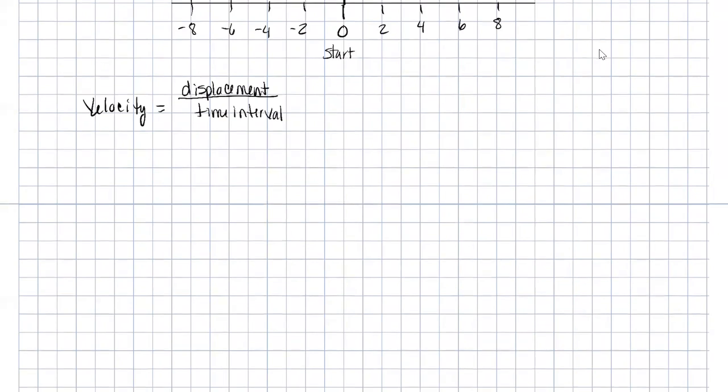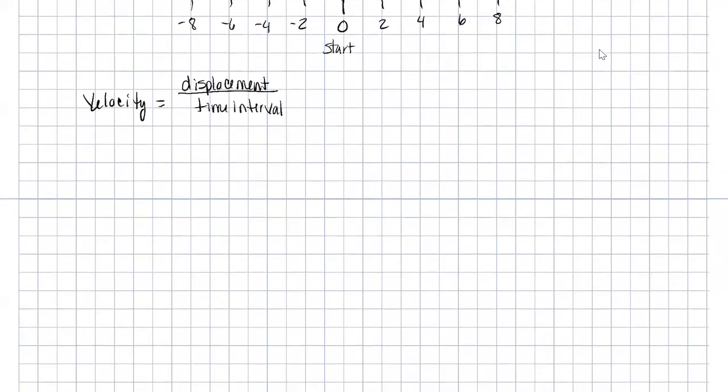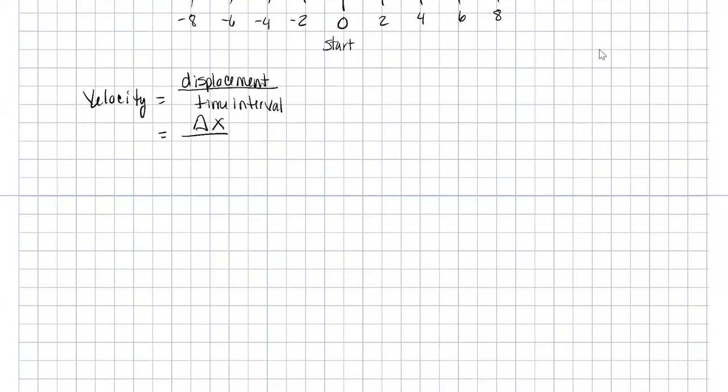And we can also represent that in symbols because it's much shorter as delta x over delta t. Remembering that delta x is the final position minus the initial position over the final time minus the initial time. Okay, this is change in position over change in time.